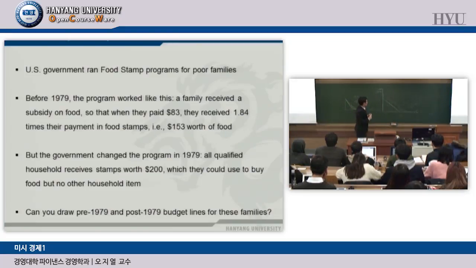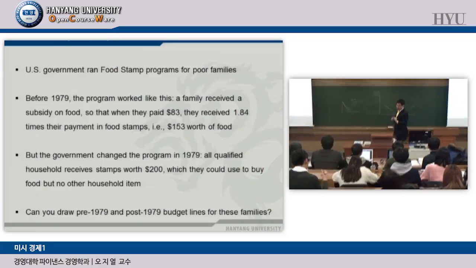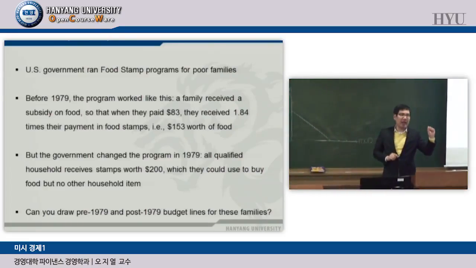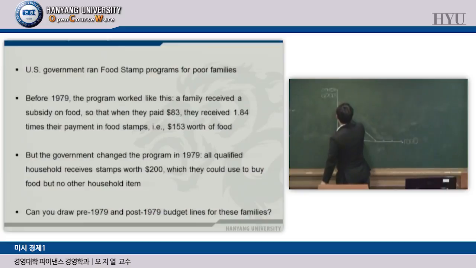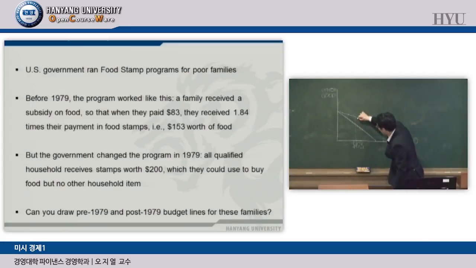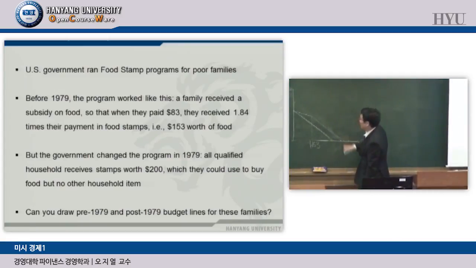I really appreciate this. Now, you could only pay up to $83 and get $153 of food, right? So the budget constraint looked like this.